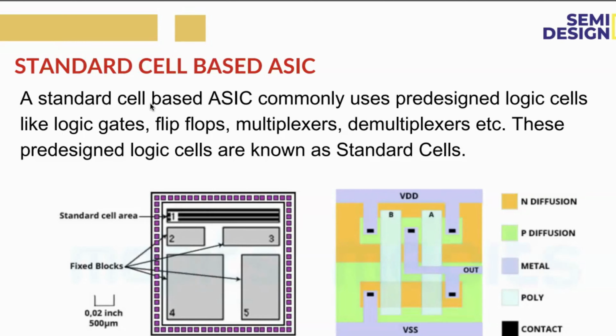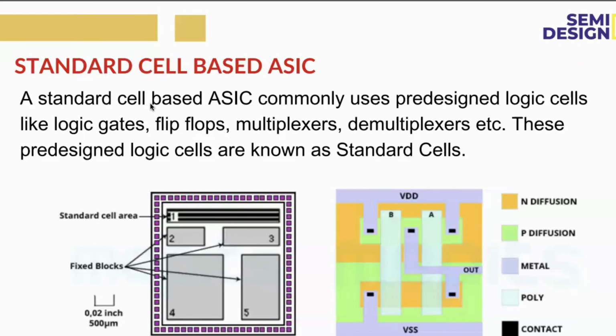There will be flexible blocks. If you see the block diagram here, the standard cell area has fixed blocks with a size. The standard cell area is usually larger, because at that time we used micrometers. Nowadays we are using nanometers, but for standard cells we used micrometers.